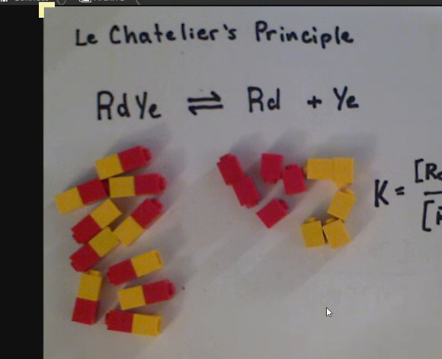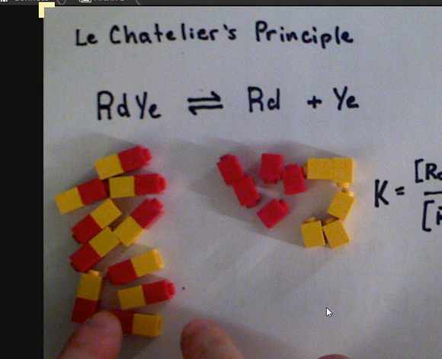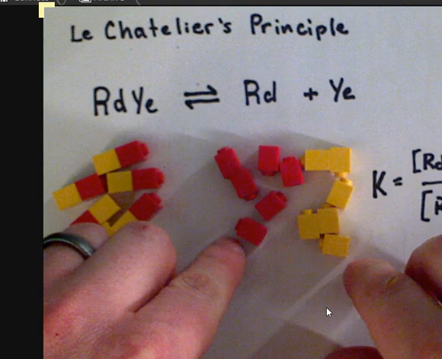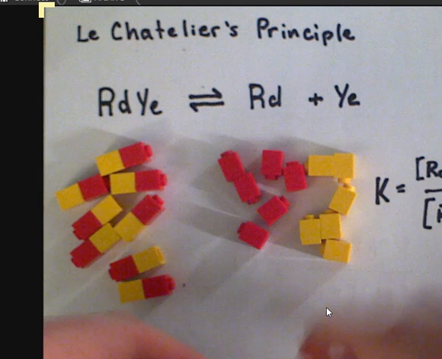And in this particular instance, Q is less than K. So in order to restore equilibrium, as Le Chatelier's principle would tell us, what has to happen is that this reaction now has to speed up in the forward direction. In doing so, it's going to generate some additional free RD and free YE, right?